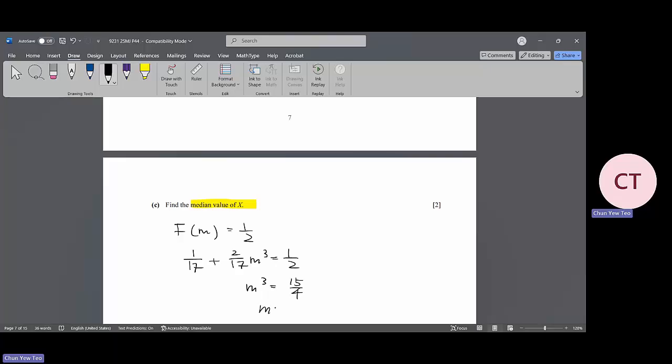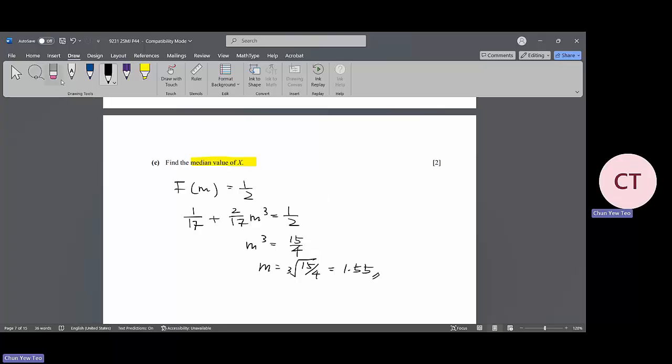So your m is the cube root of 15 over 4. You can give me the answer in decimal. 1.55. Three significant figures, not 1 decimal, sorry. 3 significant figures. That is the answer for question number 4c.